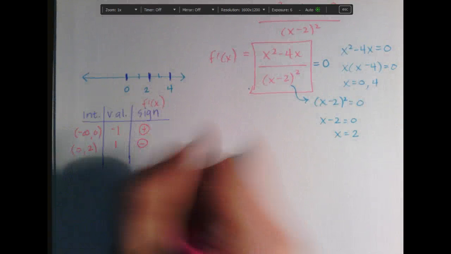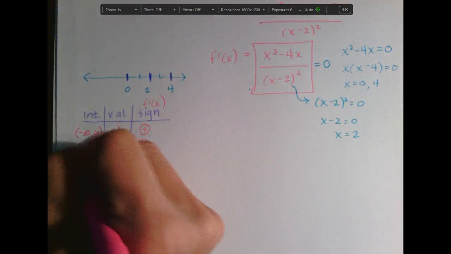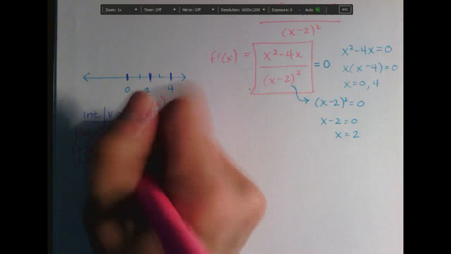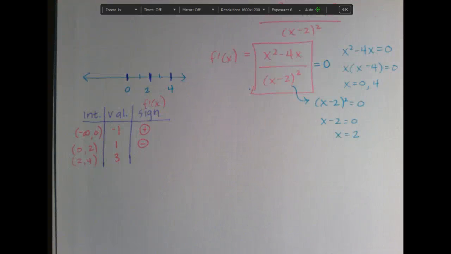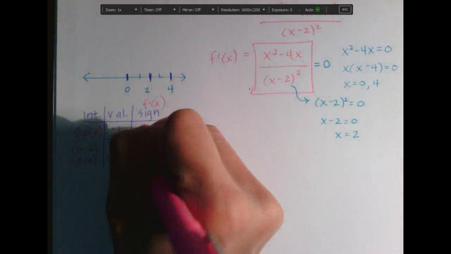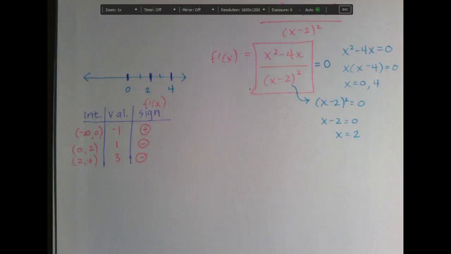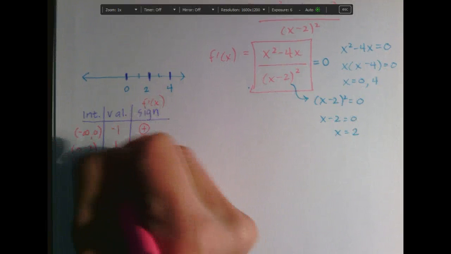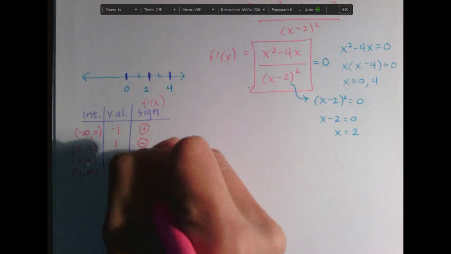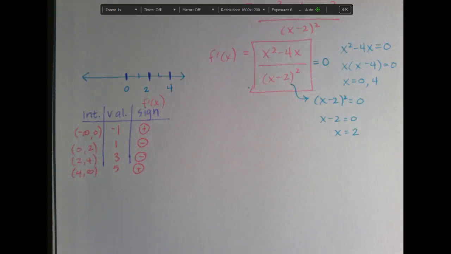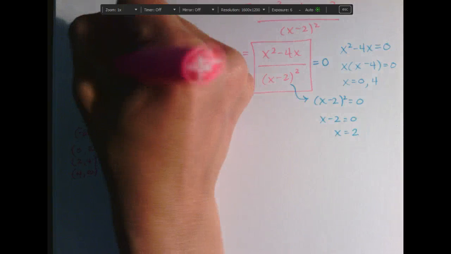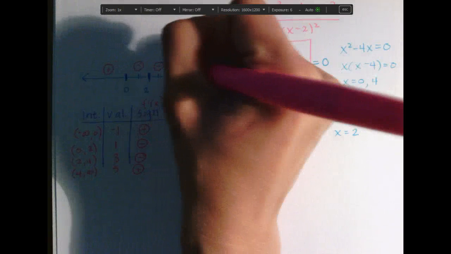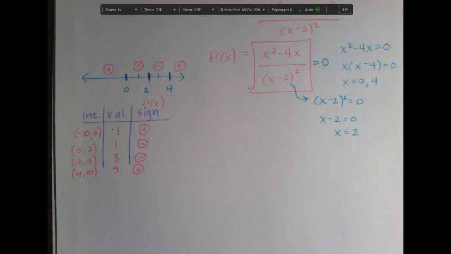This time I get a negative. Going from 2 to 4, my test value being 3, I come up with a negative value once again. And from 4 to infinity, it changes to positive. So we've got increasing, decreasing, decreasing, increasing.